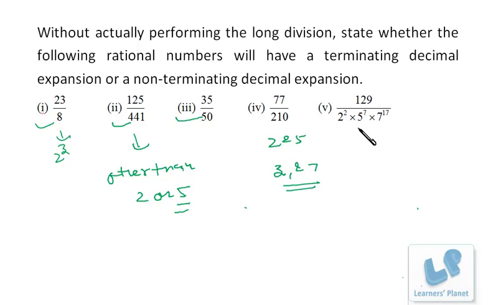Over here, apart from 2 and 5, we have 7 also. So again, it's a non-terminating decimal. Okay, I hope you are clear. It's very simple funda. If you have prime factors as 2 or 5 or 2 and 5 in the denominator, then it will be a terminating, and if you have any number other than that, then it will be non-terminating, right?